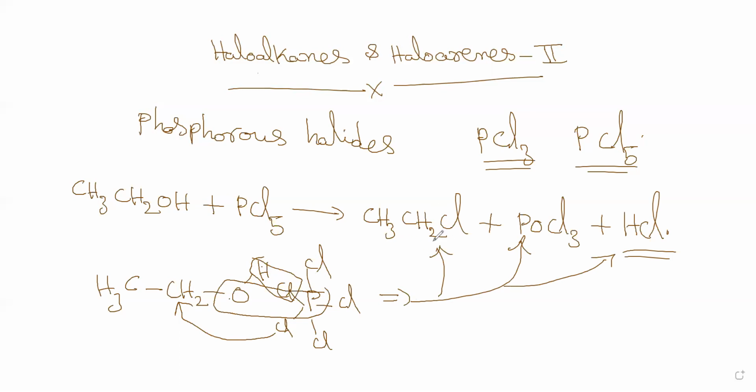What is CH3CH2Cl? That is C2H5Cl, which is nothing but ethyl chloride. Hope you can make a note of this.